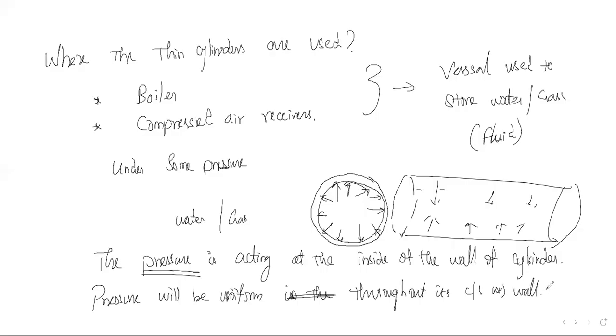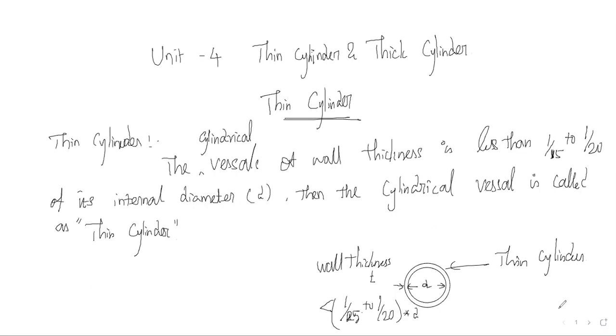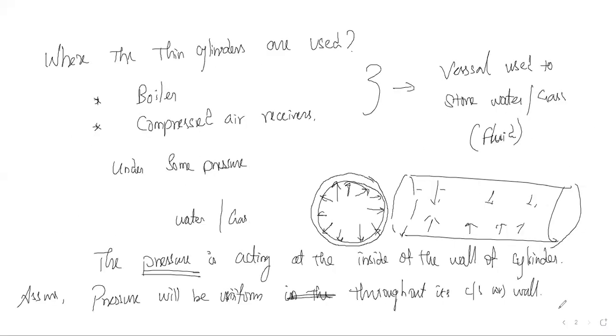We are assuming that the pressure will be uniform in the entire cross section of the wall. So this is the thing related to what is thin cylinder and where it is used.